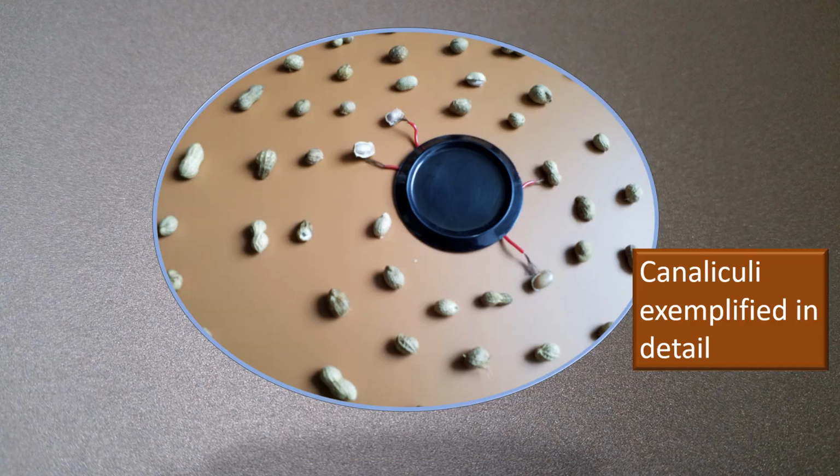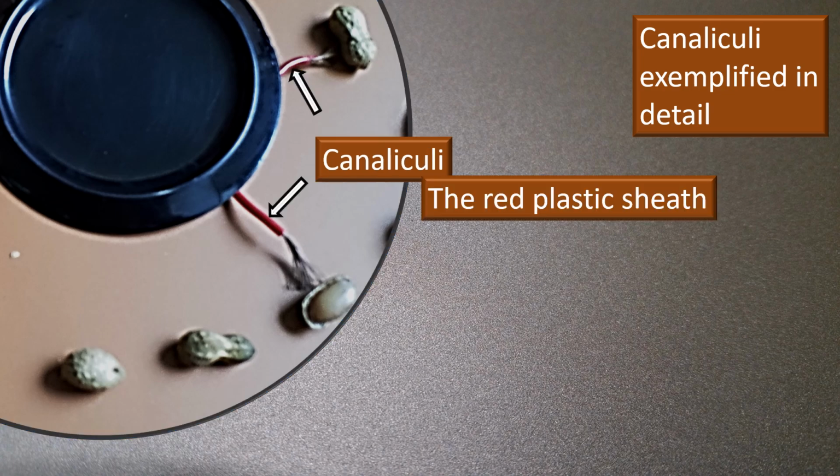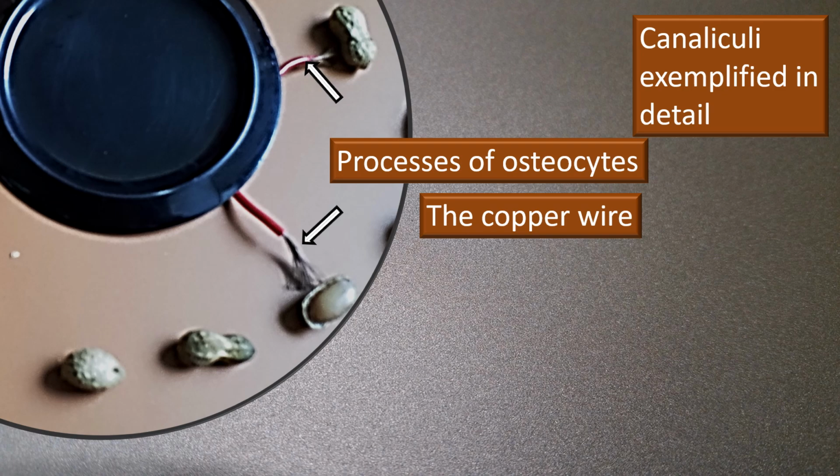I have used the example of the wire. Let's understand it a little more in detail. The red sheath, the plastic sheet of the wire, is the canaliculus, or canaliculi in plural, and the copper wire in the core is equivalent to the cell processes.